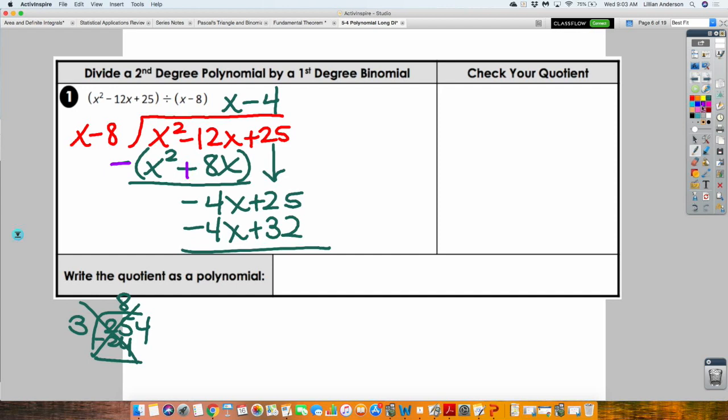You change the sign because you basically need to subtract that product that you just got. So if I change the sign here, change the sign here, what's negative 4x plus 4x? 0. And then what's 25 minus 32? Negative 7. What is negative 7? My remainder. Because I have no more things to bring down, right? No more things.